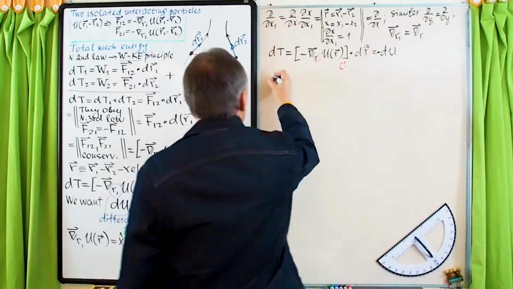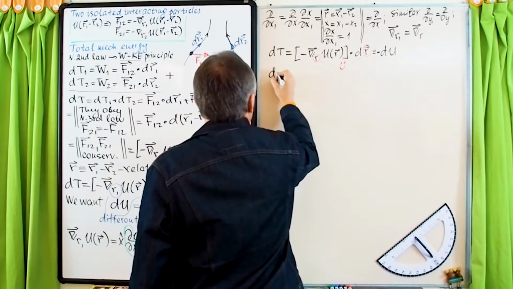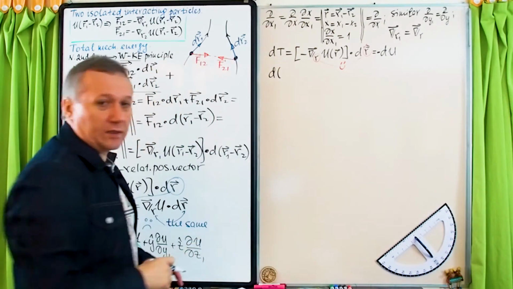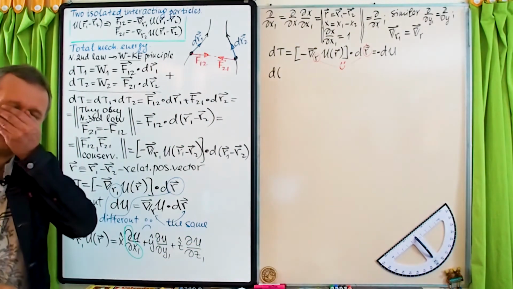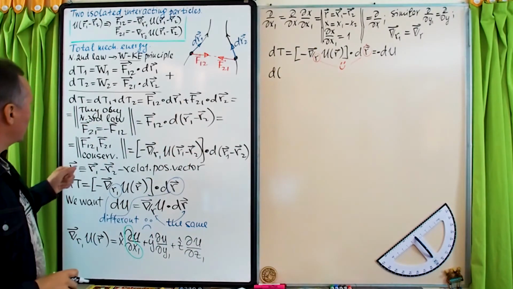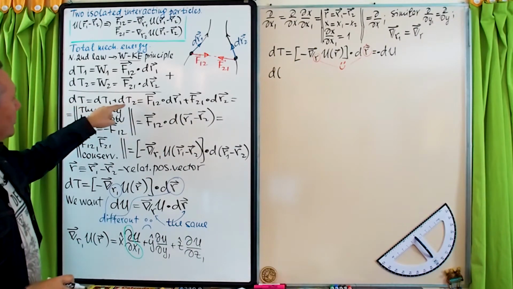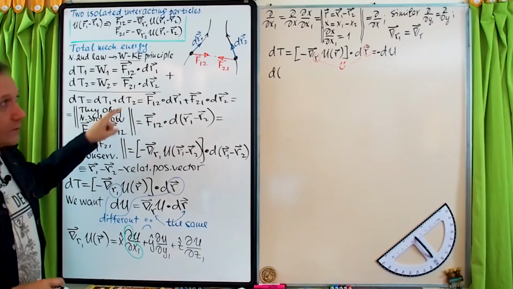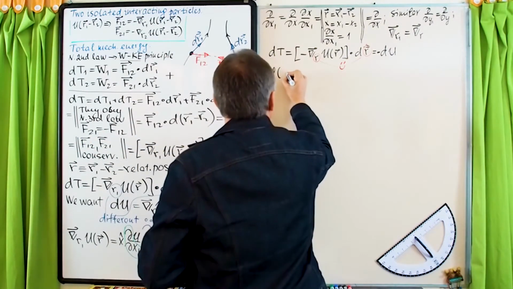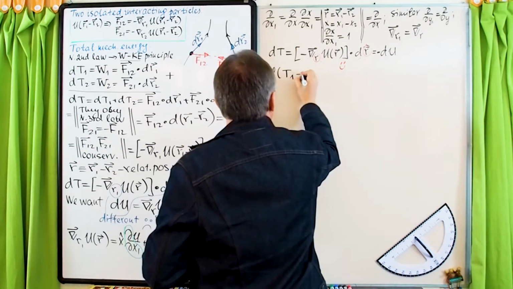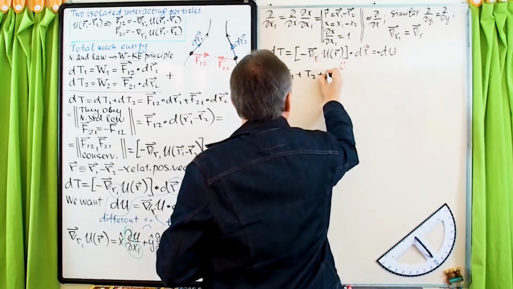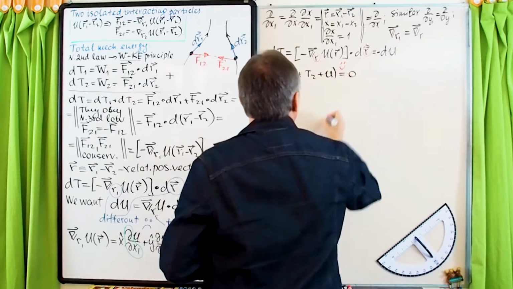Now we can write d. And of course, what is T? T is the total kinetic energy, which is T1 plus T2. So now we can write d of T1 plus T2 plus U equals 0.